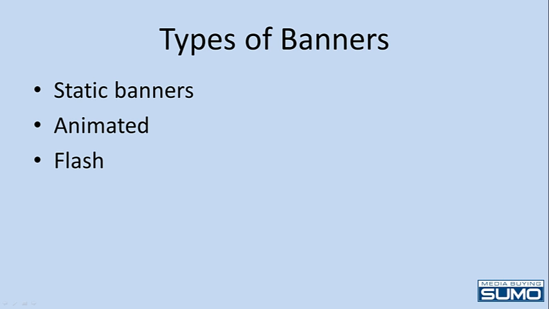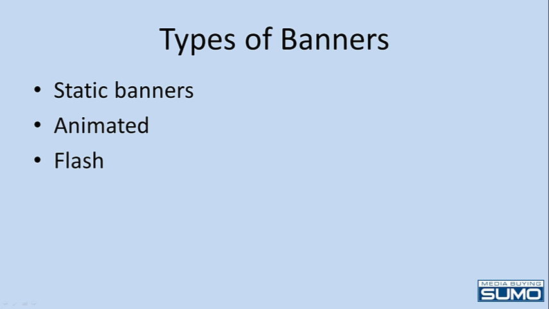The second type of banner is the animated banner. These banners have a little bit of animation, and that works extremely well. They have a higher click-through rate than static banners, because any type of animation or movement in a banner is going to grab a prospect's attention versus a static banner.